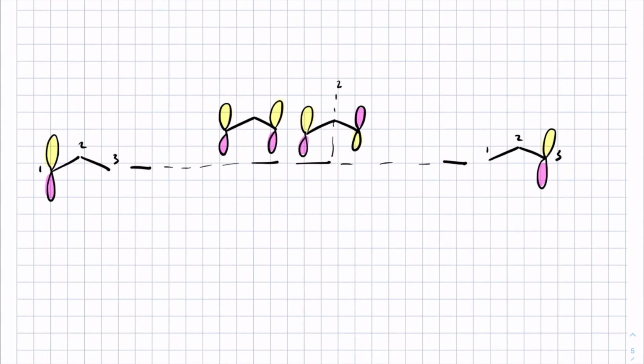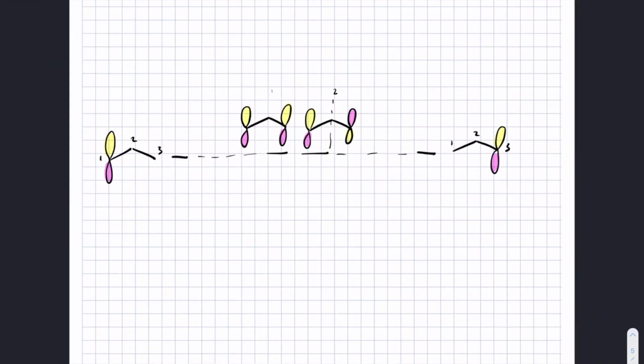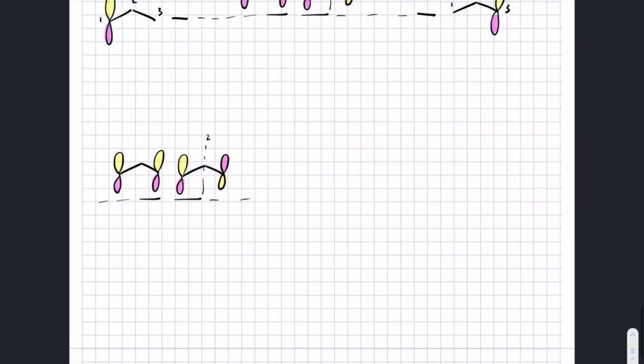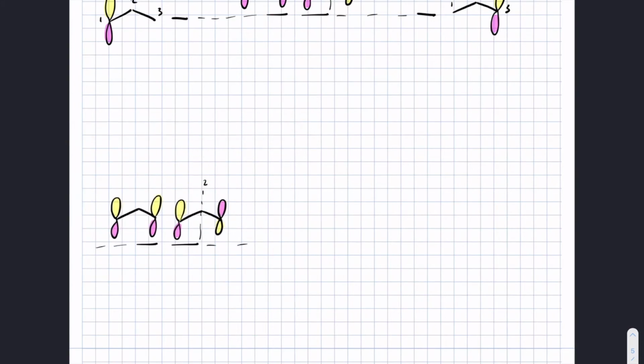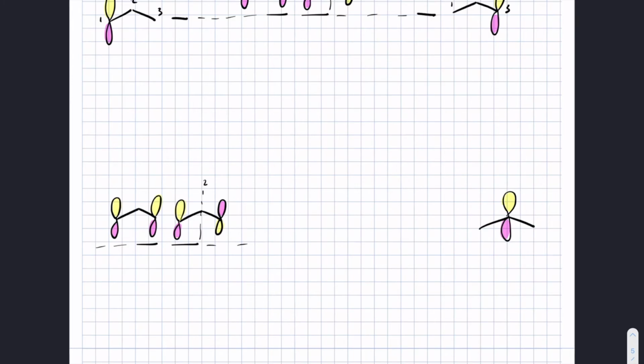Now we add the third p orbital. So essentially we're going to have these be our starting orbitals, and we'll mix both of them with a p orbital on carbon 2, both the plus and the minus combinations.